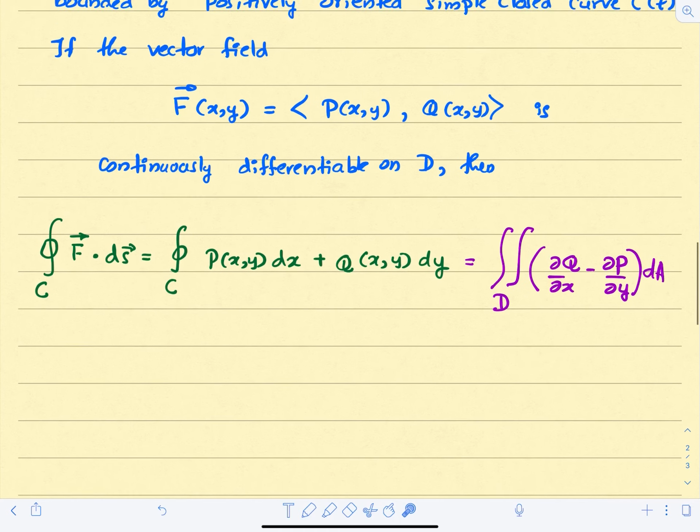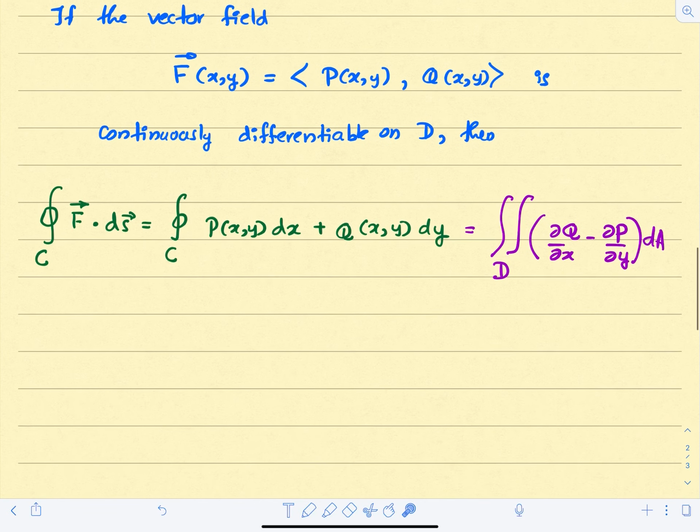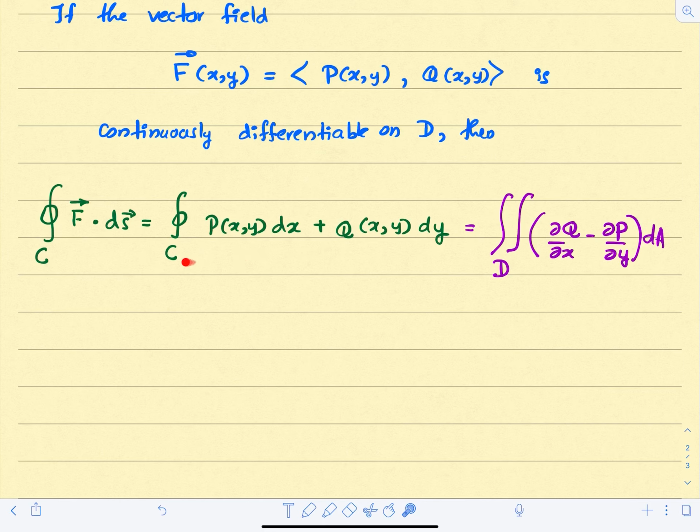Using Green's theorem, we can connect a line integral over a closed curve to a double integral over the region D bounded by this closed curve. In this case your integrand is given by this expression. Q is the second component of the vector field, so we have partial Q over partial x minus the partial derivative of the first component of the vector field with respect to the y variable.